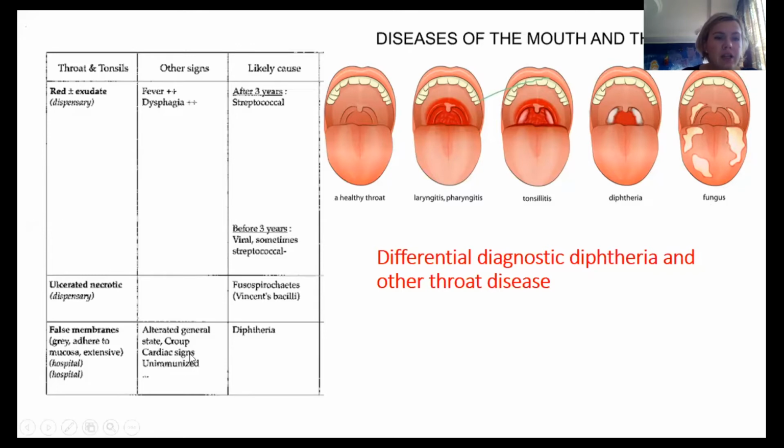On the left side, you can see the differential diagnostic table by signs. Tonsils, red, exudate present, other signs like fever, dysphagia. What are the more common causative agents? After 3 years, streptococcal pathogen. Before 3 years, viral or sometimes streptococcal infection.